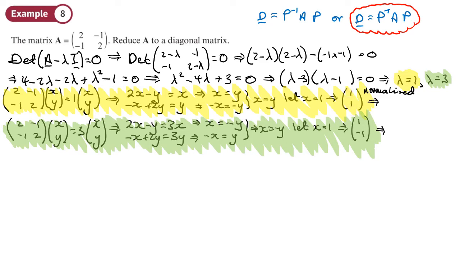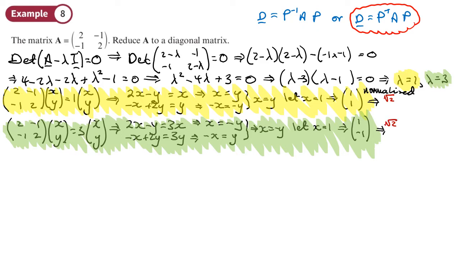So it's got a length of root 2. So I need to divide both of those elements by root 2. And the same here, this has a length of root 2, the modulus of this vector. The square root of 1 squared plus negative 1 all squared will also give me root 2.